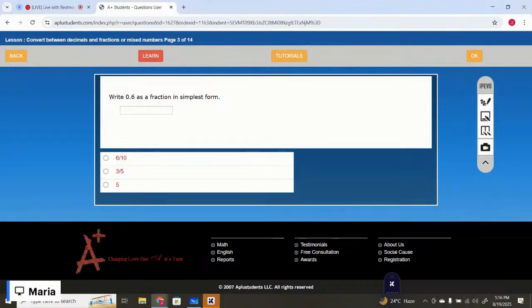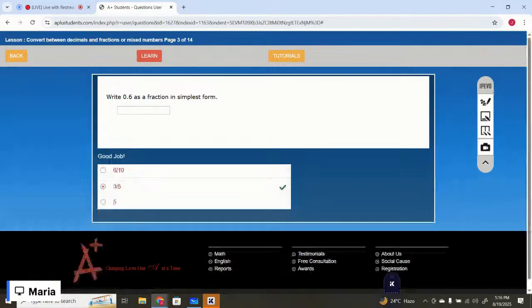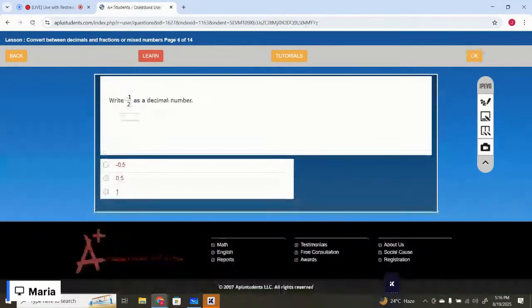Option number 2 is the correct option. Write negative 1 by 2 as a decimal number.